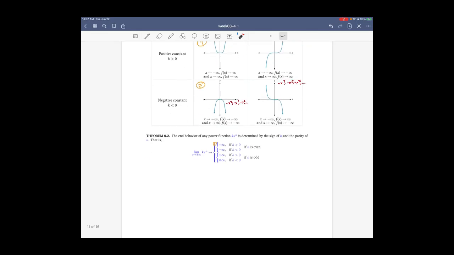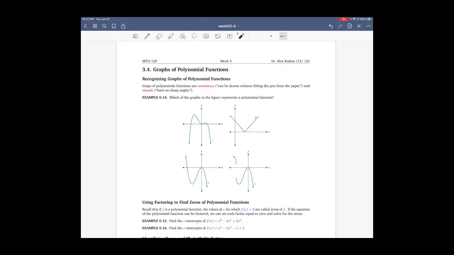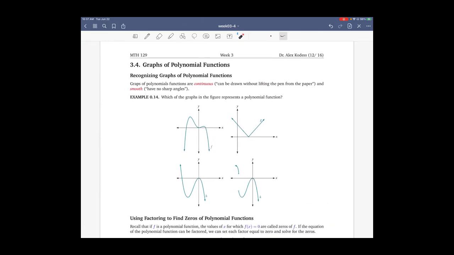Okay, let us now talk about polynomials in greater detail. Well, first of all, note that graphs of polynomials are continuous, meaning that they can be drawn without lifting the pen from the paper, and also they're smooth, they have no sharp angles.